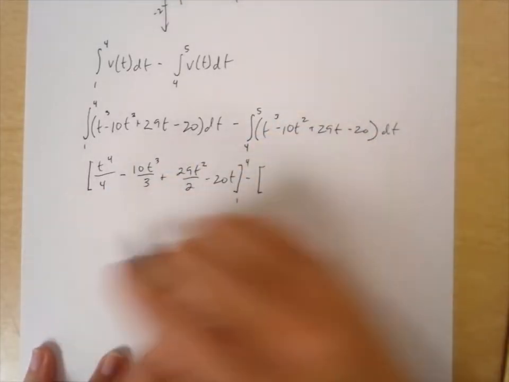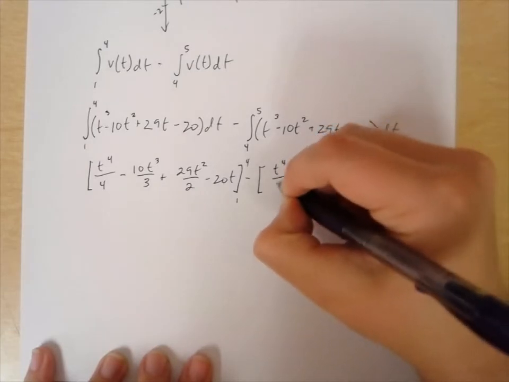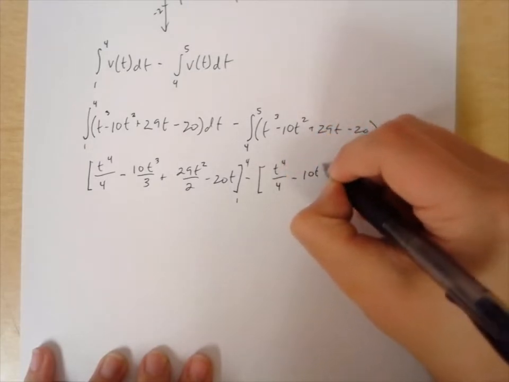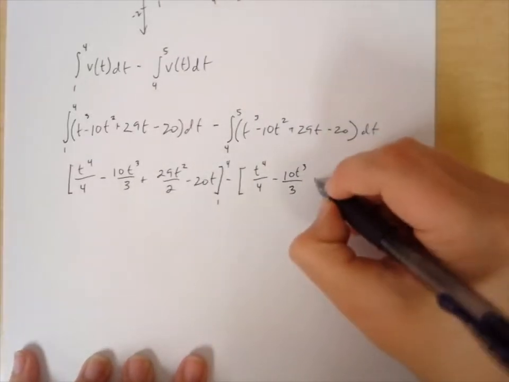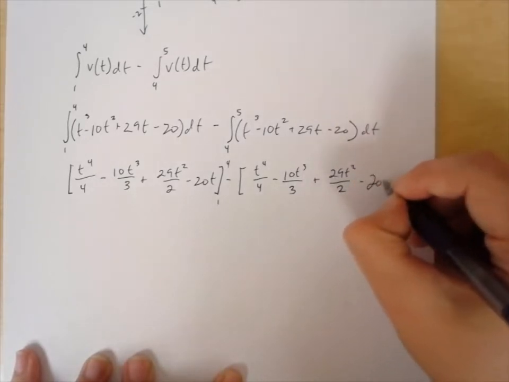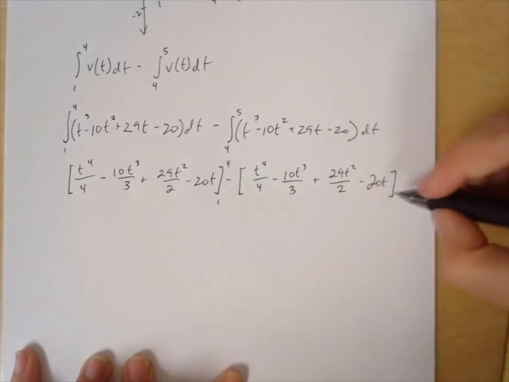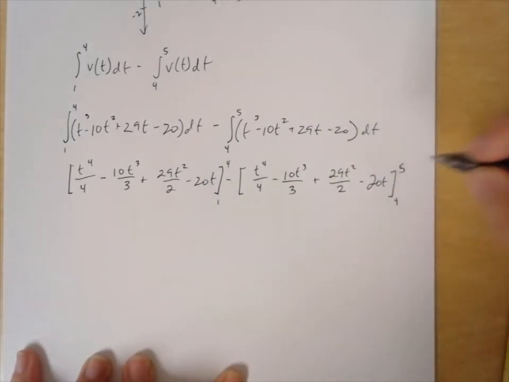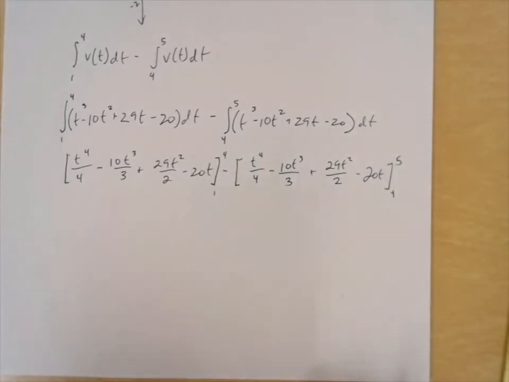Subtracting the exact same antiderivative, t to the 4th over 4 minus 10t to the 3rd over 3 plus 29t squared over 2 minus 20t, but this interval is going to be from 4 to 5.